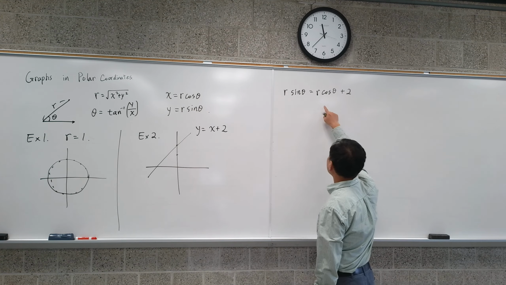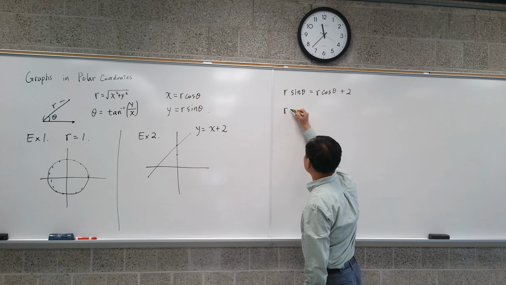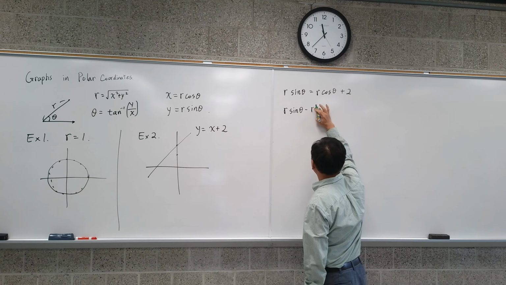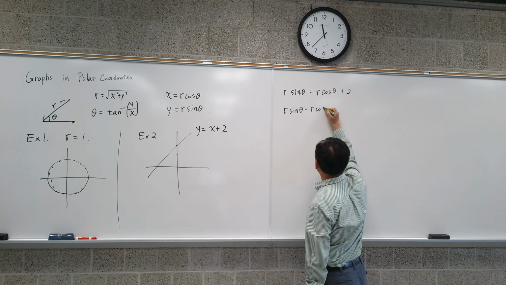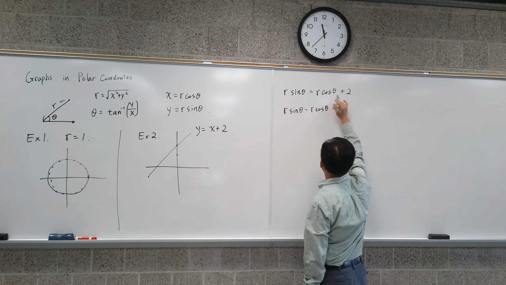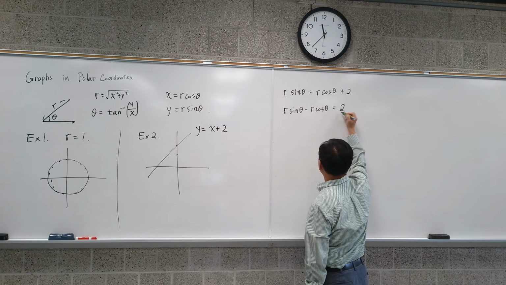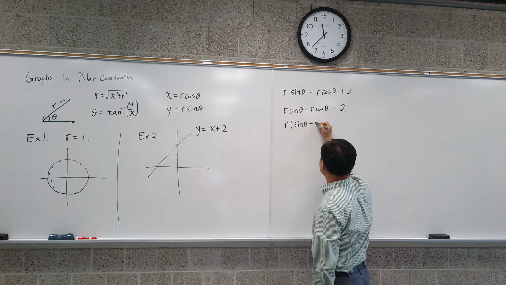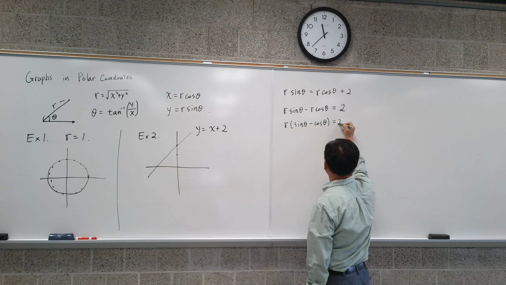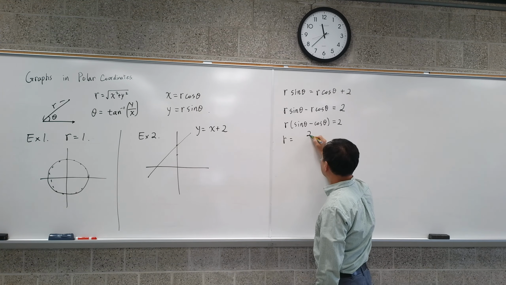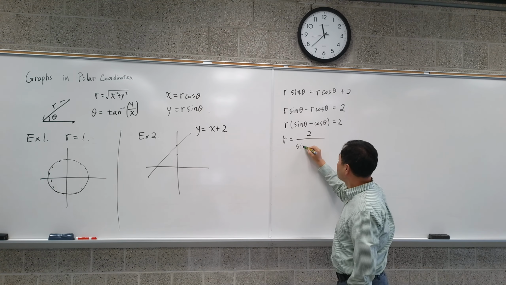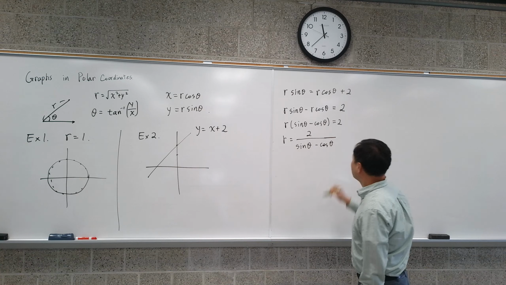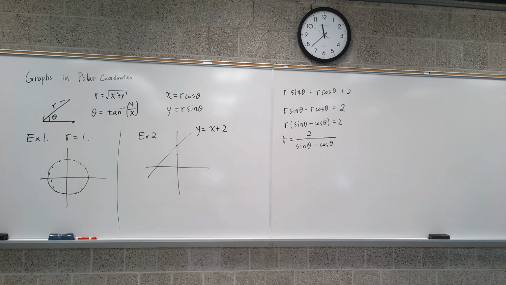So we need to solve this for r, and the way you solve this for r is by subtracting r cosine theta from both sides, and factoring out the r, like that.